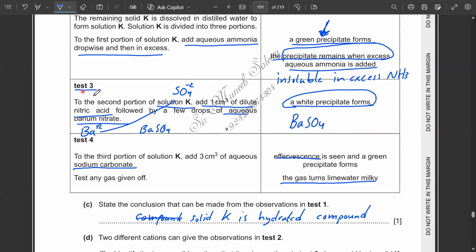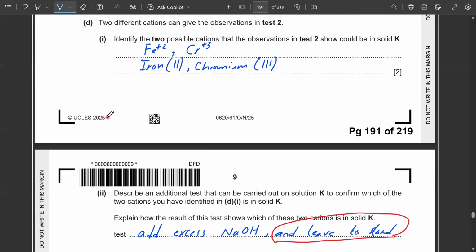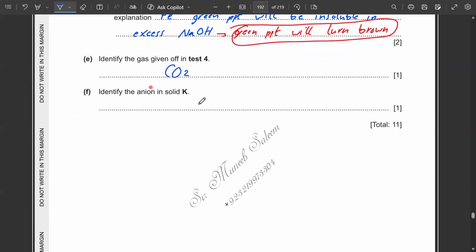So from this test 3, you are able to identify the anion present in the solution K.